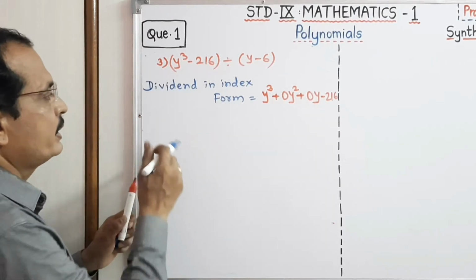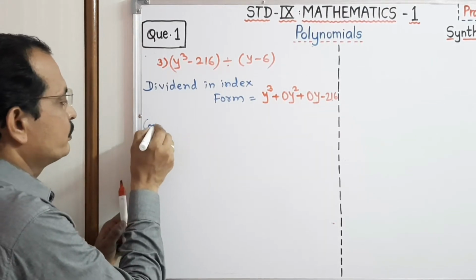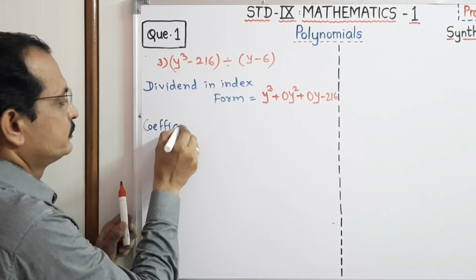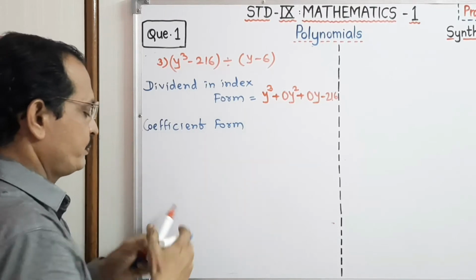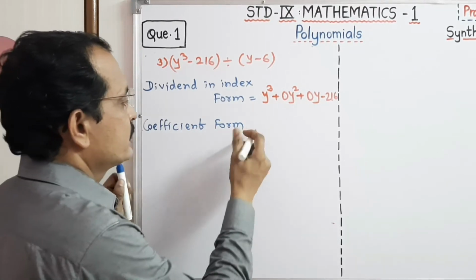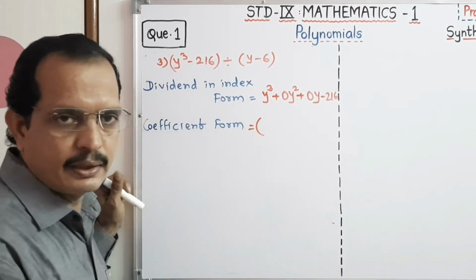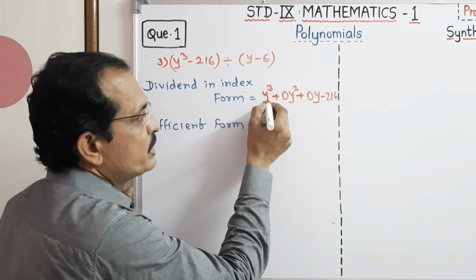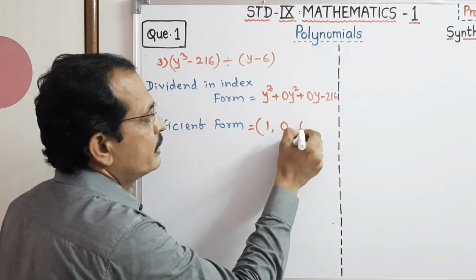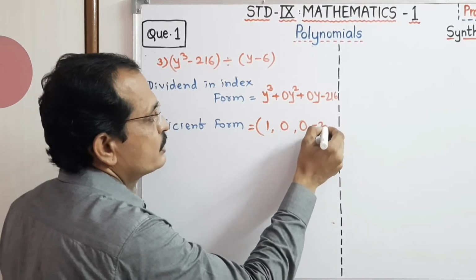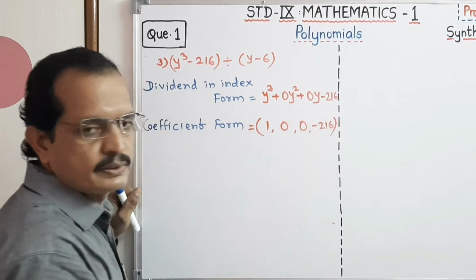Now we have to write coefficient form. For that purpose we have to write it in a bracket. What is the coefficient of this y cube? It is 1. It is 0. Here it is 0, and here it is minus 216.